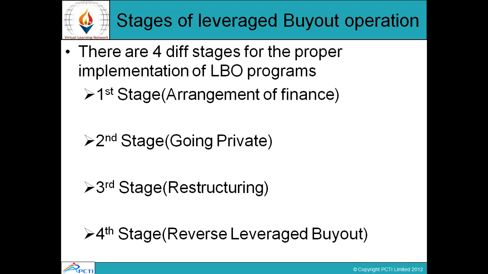This is also known as the process of reverse LBO, or going public, where it is effected through a public equity offering. This type of reverse LBO is executed mostly by ex-post successful LBO companies.